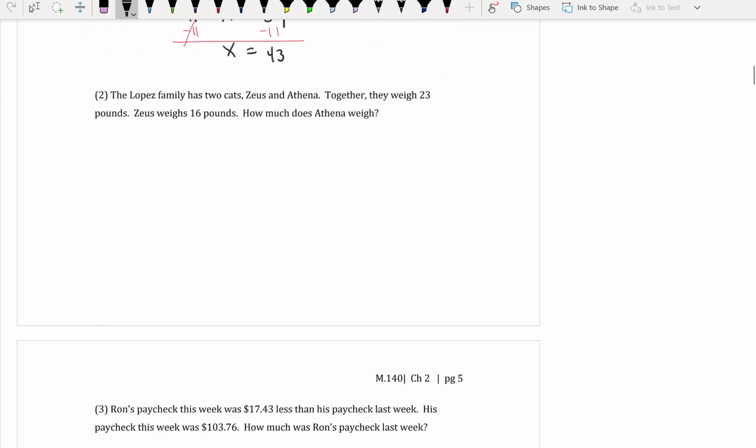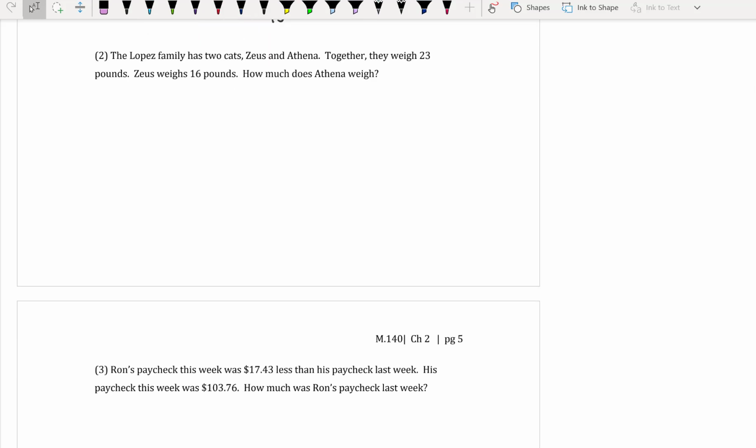For problem number 2, it says the Lopez family has 2 cats, Zeus and Athena. Together they weigh 23 pounds. Zeus weighs 16 pounds. How much does Athena weigh? So I am not the best cat drawer, so please, excuse my drawings. But I know I'm dealing with my 2 cats.